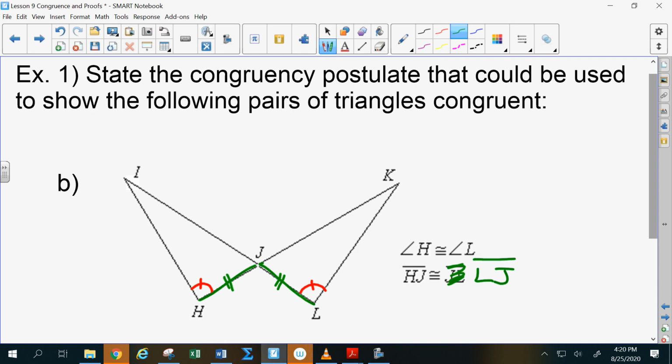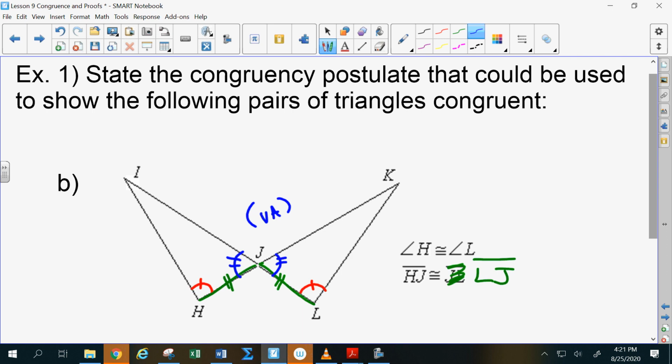So we begin to look at that, and we see that again we have vertical angles. Put my reason down there. And I did not have ASA in my list. I need that other set of angles.